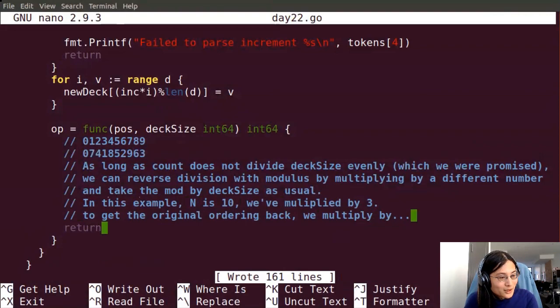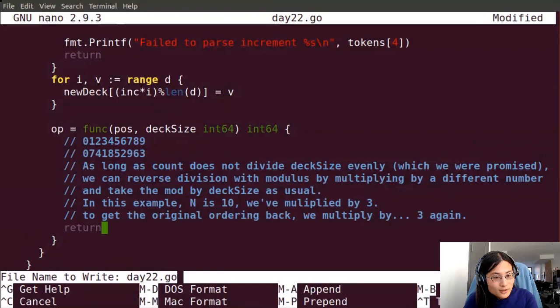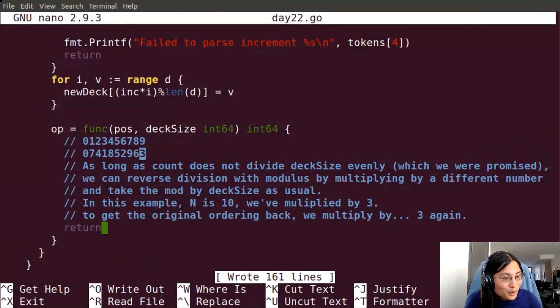So mod 10, 10 squared is 24. 5 times 4. Oh, I can multiply by 3 again. That was not horrible. Wait. Oh, we literally just multiply by 3. I don't even have to figure out the reverse operation.